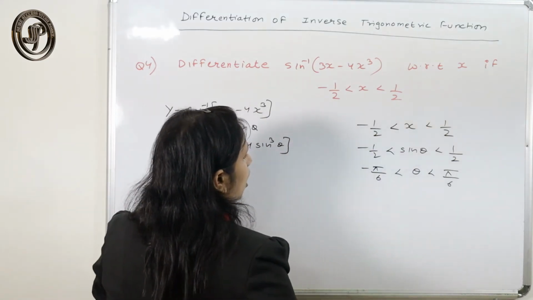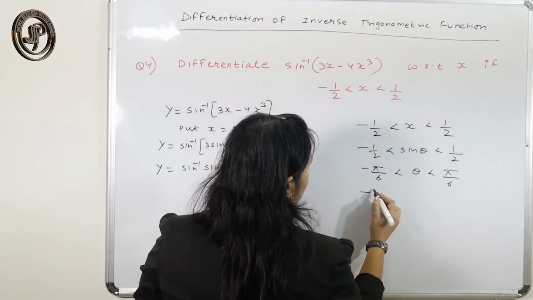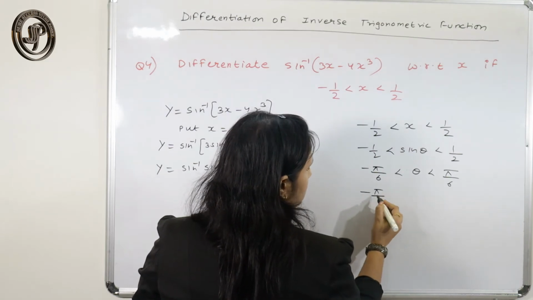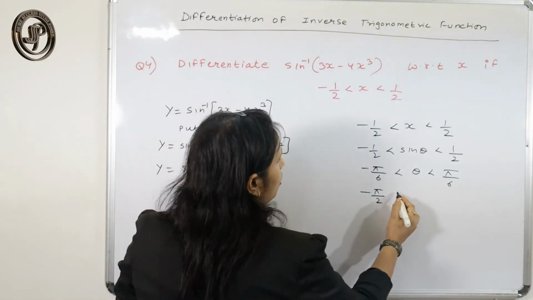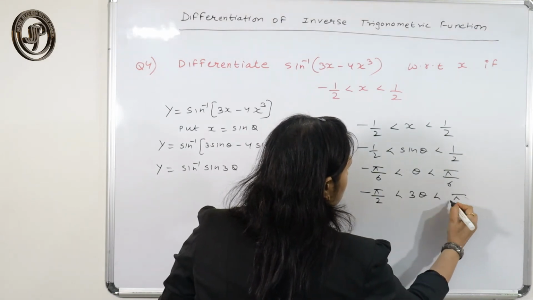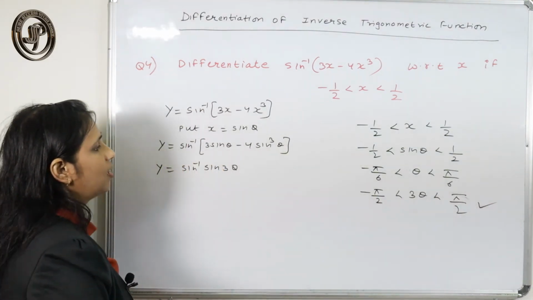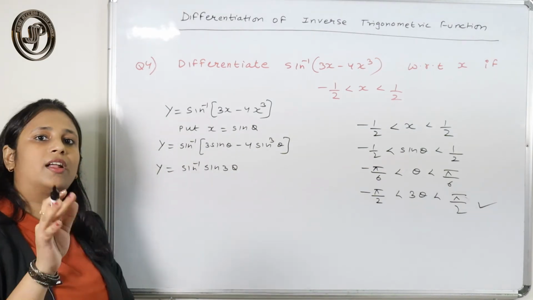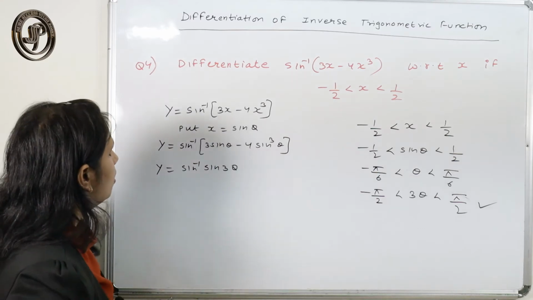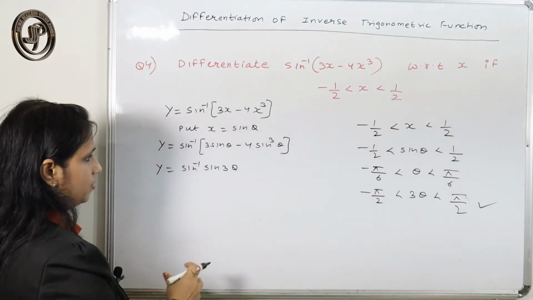Fine. Now for 3 theta, I have to multiply by 3. So if I multiply this by 3, this becomes minus pi by 2 to pi by 2. Yes, this has come under our range. The 3 theta comes under the range of the sine inverse function.